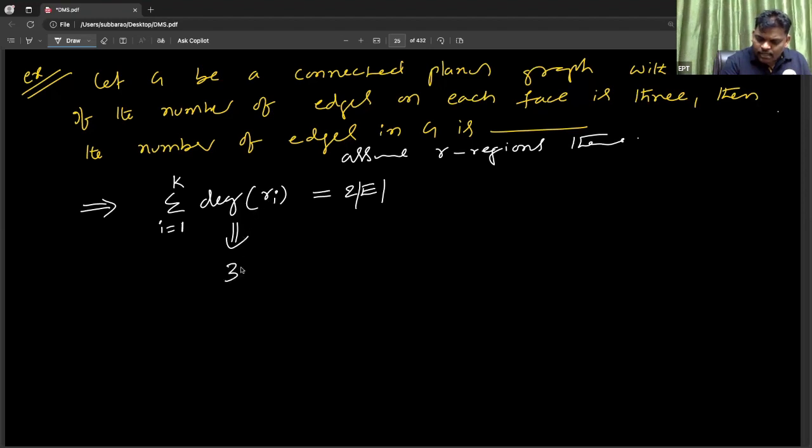Can I say 3R? Degree of R1 is 3, degree of R2 is 3, degree of R3 is 3, and so on, R times. Is it 3R, which is equal to 2 into E? The sum of degrees of regions is equal to 2E.